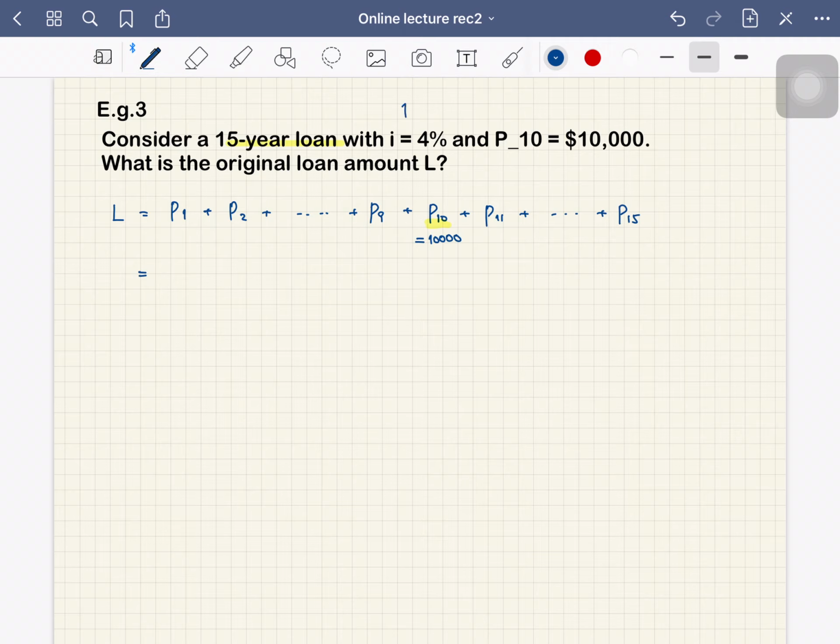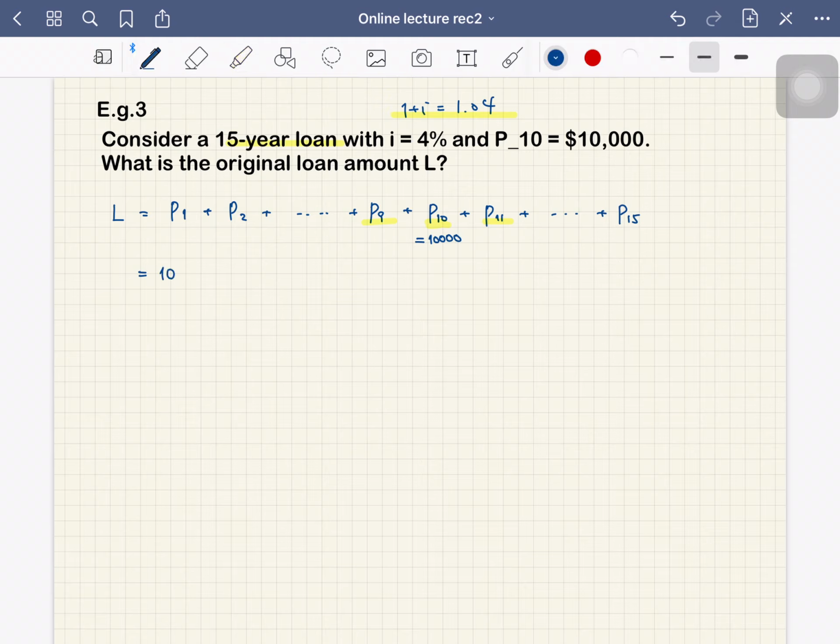So 1 plus i is equal to 1.04 in this question. So you can say that, for example, P11 is equal to 10,000 times 1.04, and P9 is 10,000 times 1.04 to the negative first power.